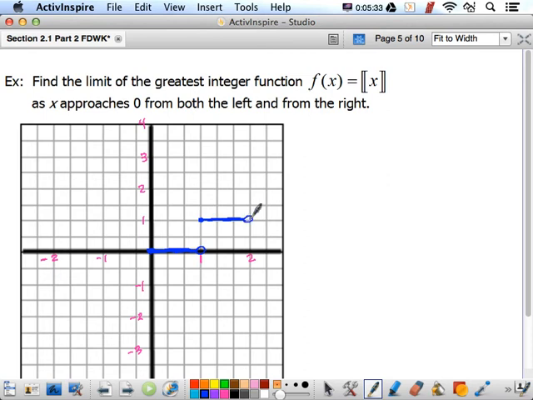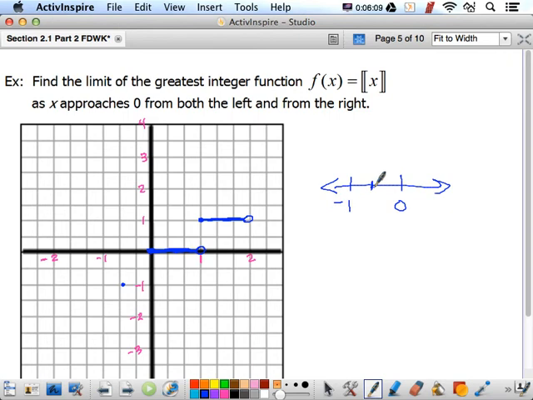We okay with that? Let's go over some of these because it's the negatives that tend to trick you. Let's say I plug in negative 0.5. What's the nearest integer less than negative 1 half? Negative 1, right? So it's down here at negative 1. Think of it on a number line. This is 0, this is negative 1.